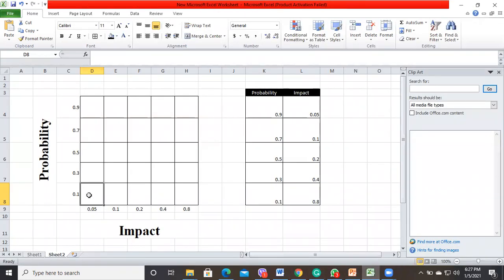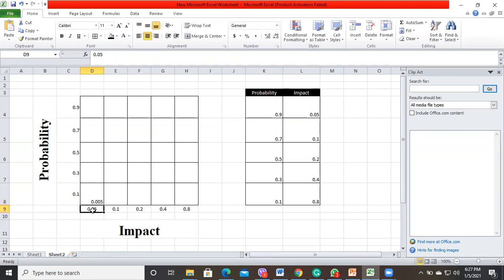If we come to this particular box, the probability of that box is 0.1 and the impact is 0.05, then the score belonging to that box can be calculated. How to calculate this value? That means probability value into impact.